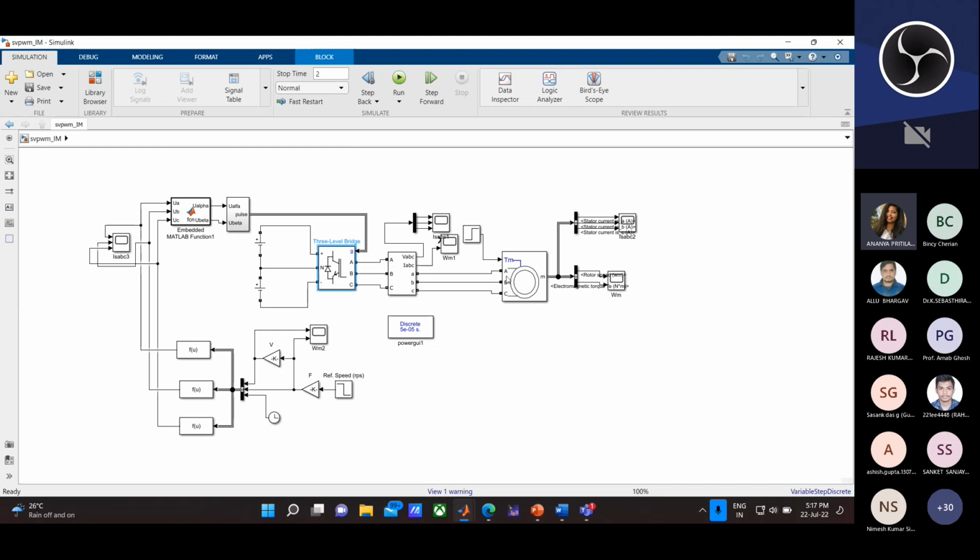Now again through the inverter, I fed into the induction motor.